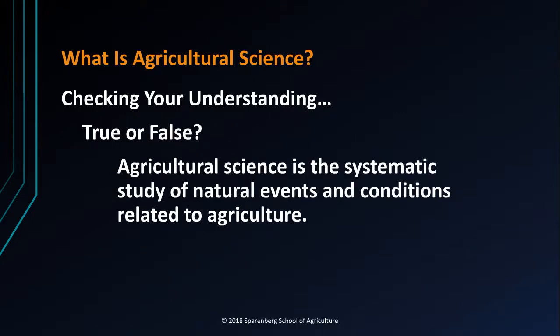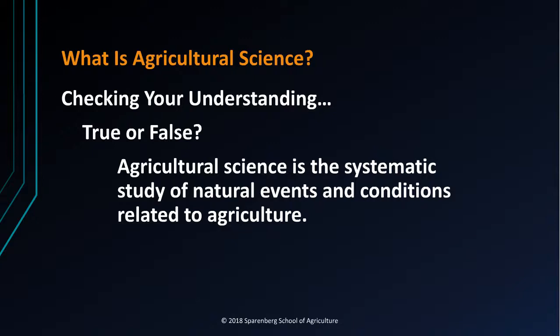True or false? Agricultural science is the systematic study of natural events and conditions related to agriculture. The correct answer is true. Systematic study is methodical. In a later lesson, you will learn more about the method of scientific study called scientific method.